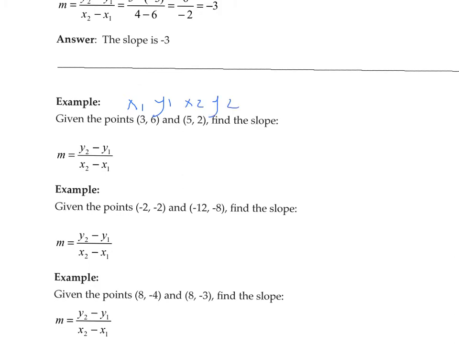And we're going to fit them into the formula, which is given for us to practice right here. y2 minus y1 on the top is going to be 5 minus 6. So we're going to write that on the top. 5 minus 6. x2 minus x1 in the denominator is going to be 5 minus 3. So we'll do that in the denominator.